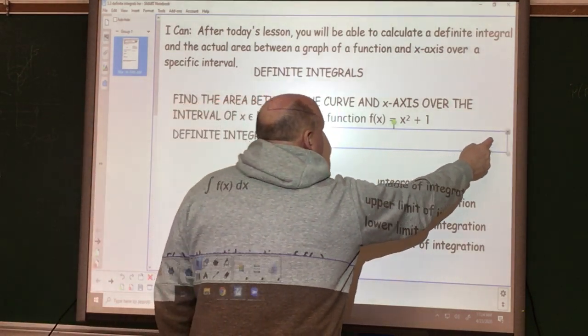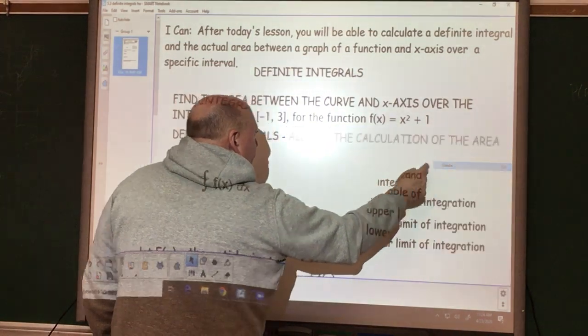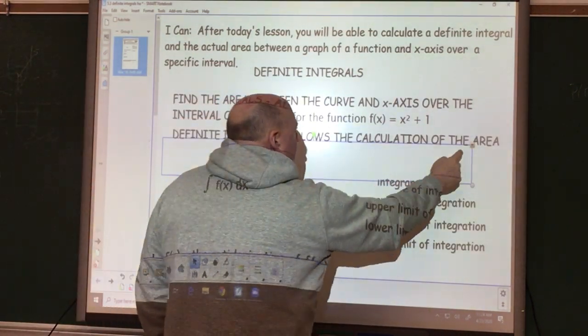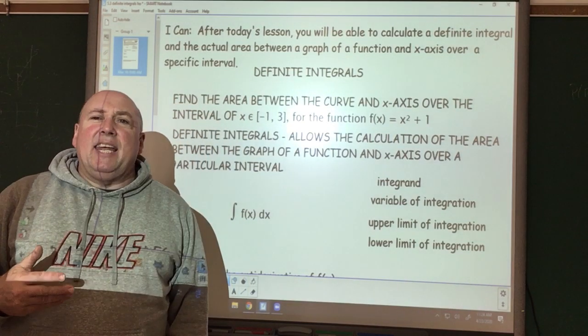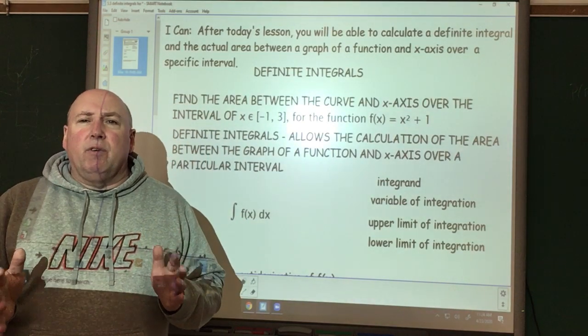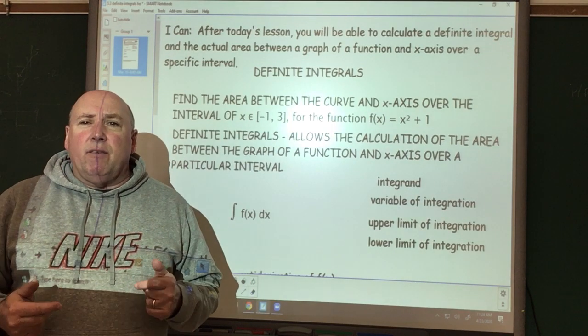We dealt with the indefinite integrals already, which was the idea of taking the antiderivative, undoing the idea of derivatives. That gave us the antiderivative. That was an indefinite integral.